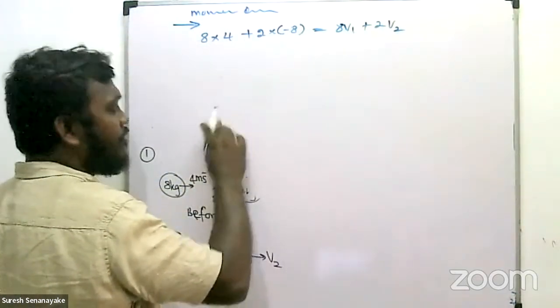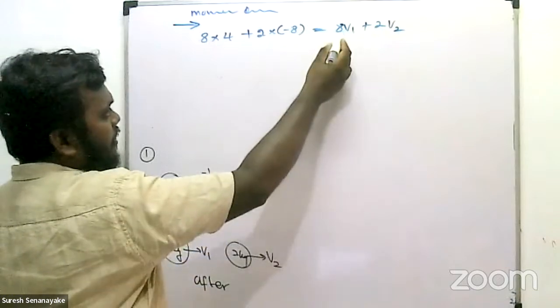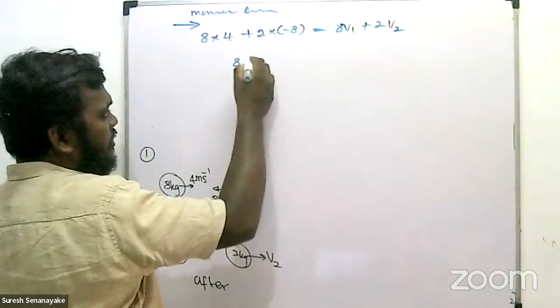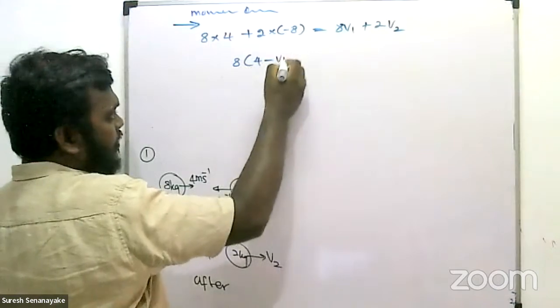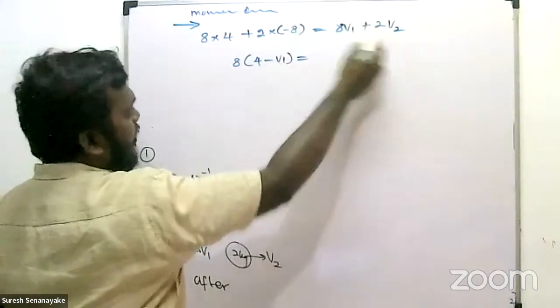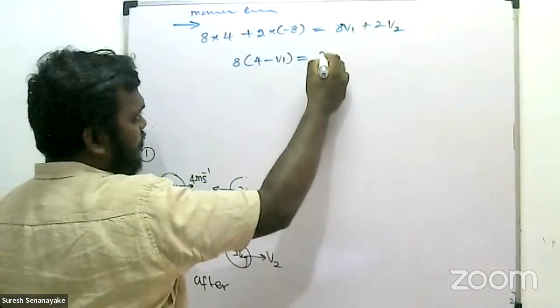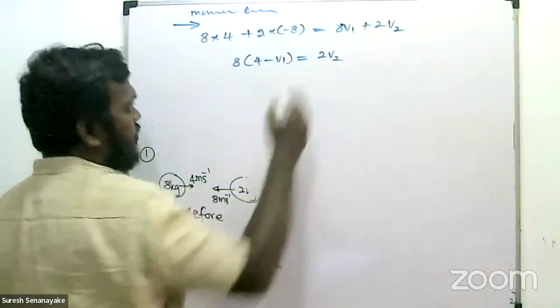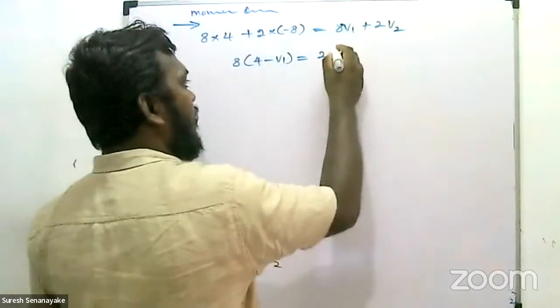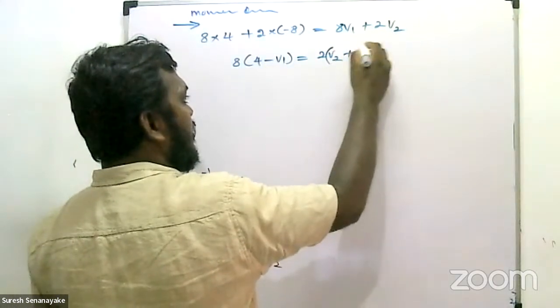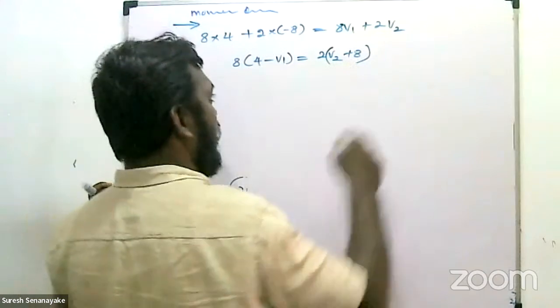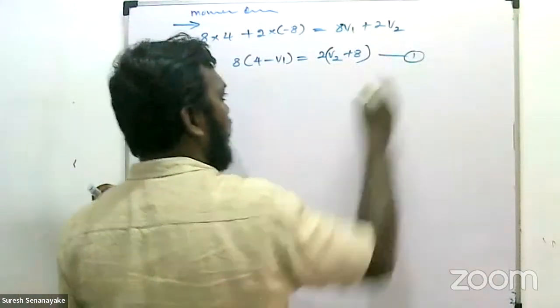Right, then the 8 take out, 4 minus v1, and on the other side it's plus, minus 16 goes to the other side, the 2v2, the 2 take out, and then v2 plus 8. That is the first equation I have.